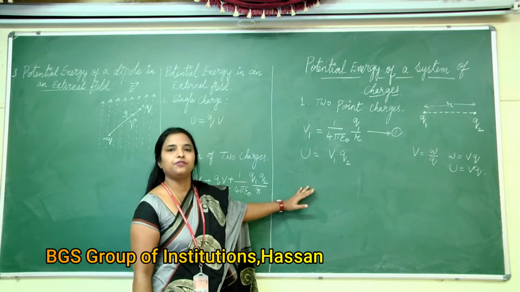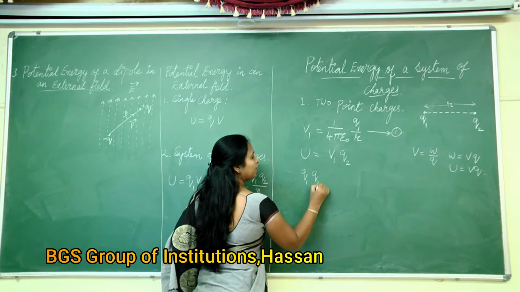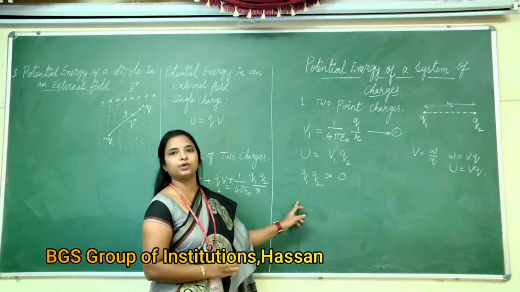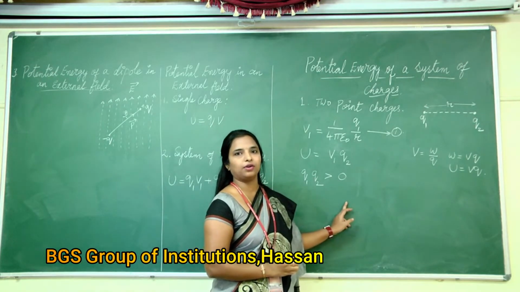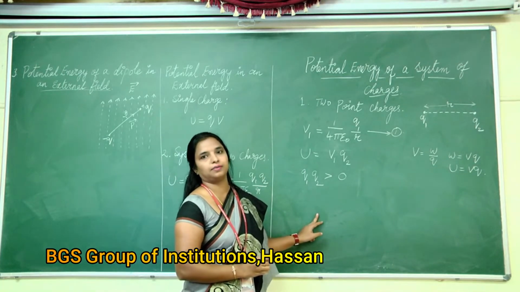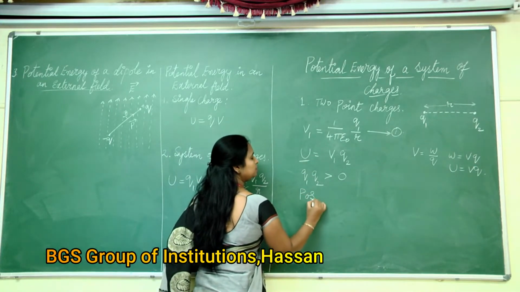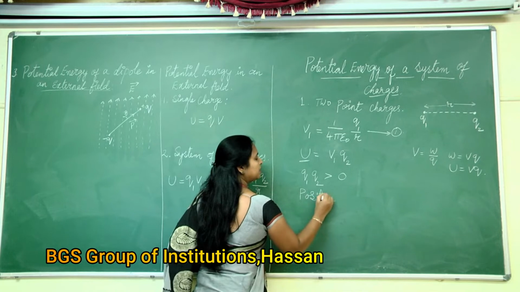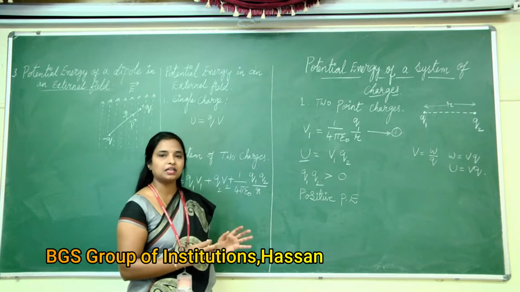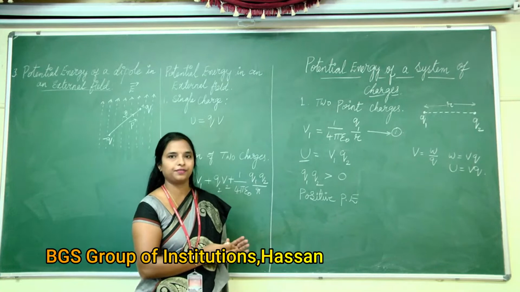For example, if you have like charges, we have Q1 Q2 greater than 0. It means that positive work, or you can say positive potential energy, is needed to bring a charge from infinity to a particular point within the electric field, isn't it?